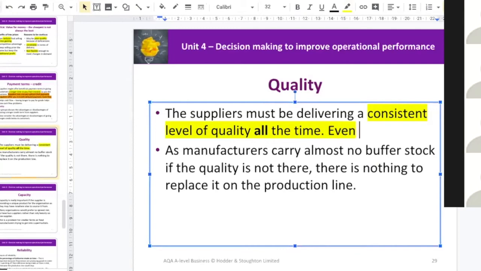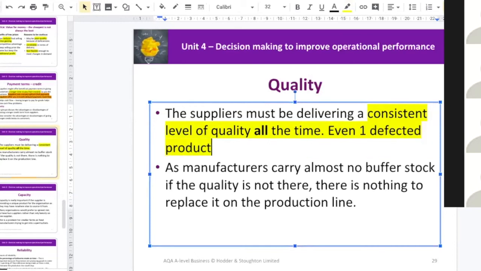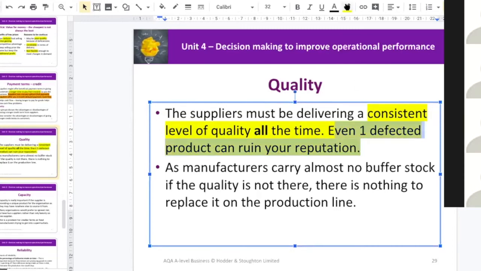Even one defective product can ruin your reputation. So that's why quality is important when you're choosing your supplier.